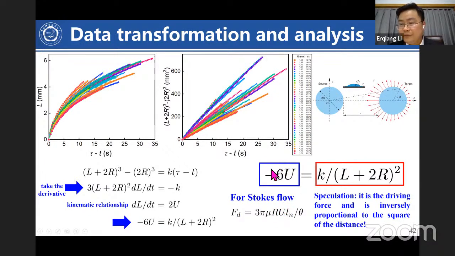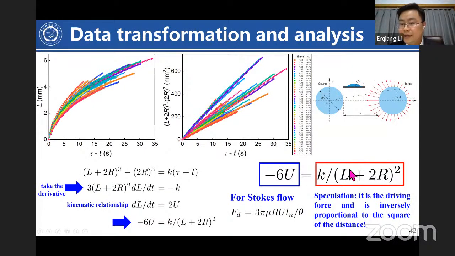And we see the left term is proportional to velocity. So we can consider this as a resistance force, and it is equal to this guy, right? When it moves very slowly, for this configuration of Stokes flow, we can imagine the driving force is also equal to the resistance force, which means it is a static equilibrium system. So we can consider this as a driving force.